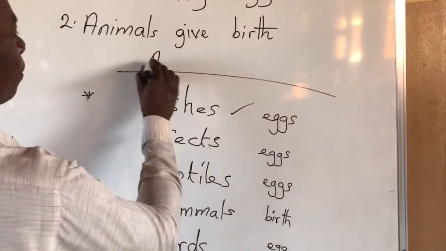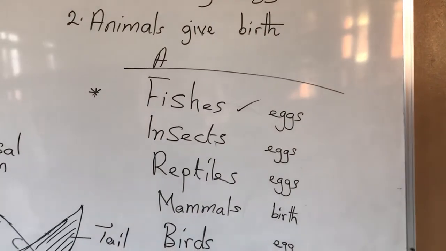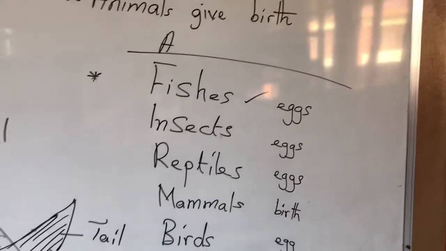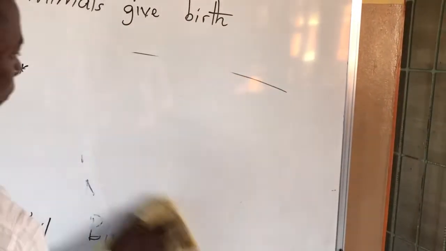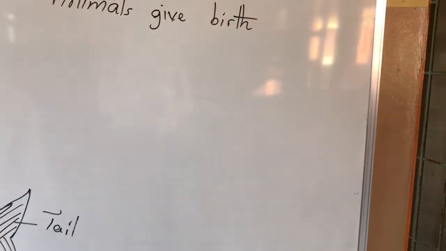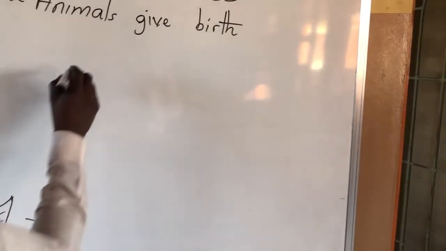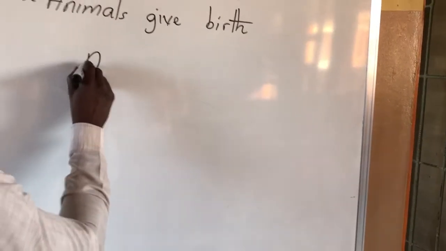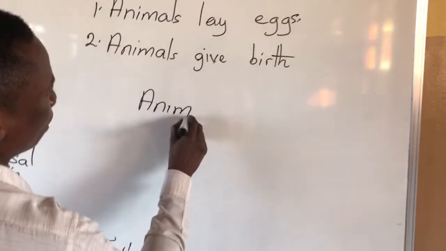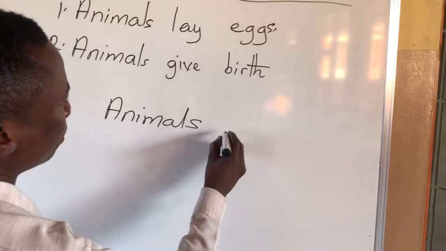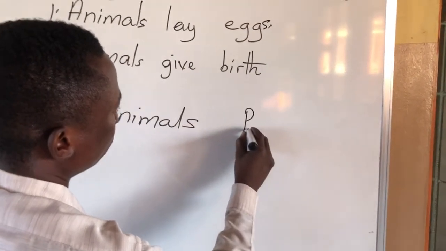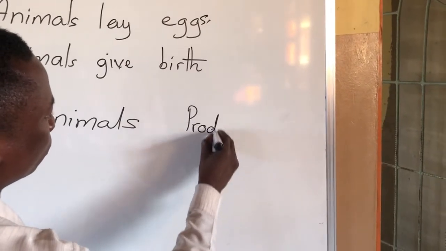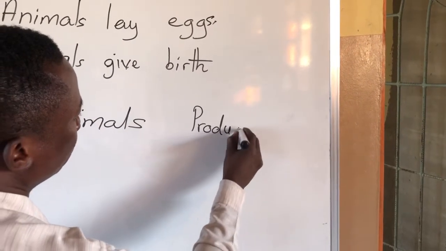Animals. Look at it carefully. I want to put it in a table form for you. We have animals and production.